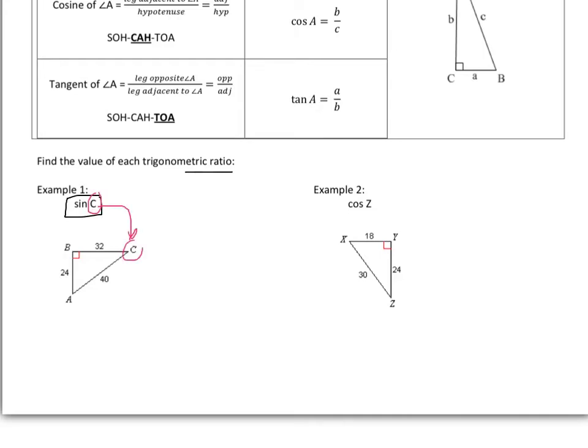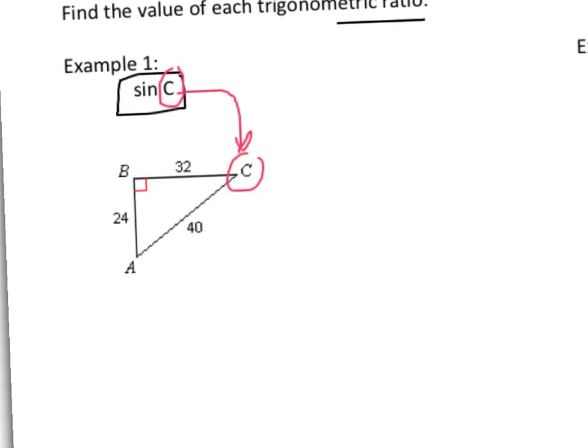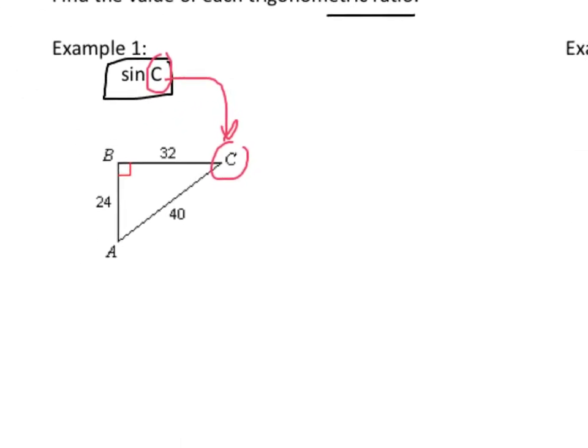So we're looking from there outward, which means that the side opposite it would be 24. The hypotenuse is always the longest side, or side opposite the right angle. That makes 32 the adjacent.